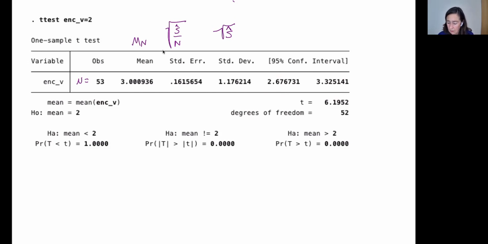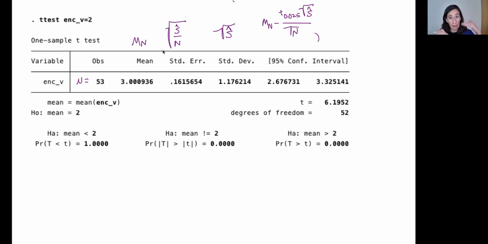So what is this? 2.676731 is that sample mean, 3 point something, minus the appropriate t statistic here, which Stata knows because it's got those t tables built in, like it's got normal tables and Poisson and other distributions built in, multiplied by the standard error.